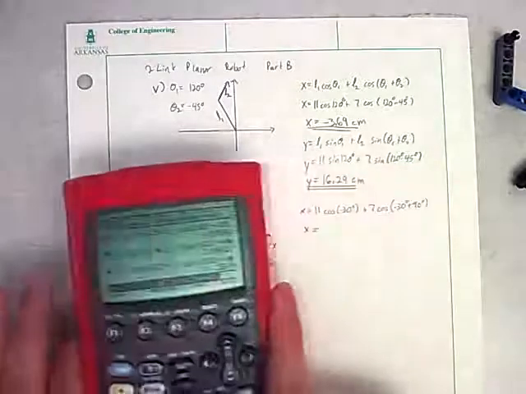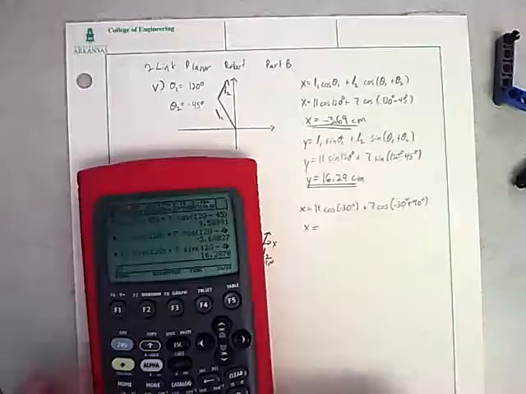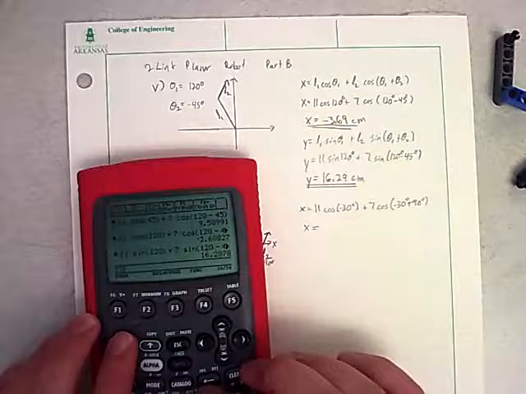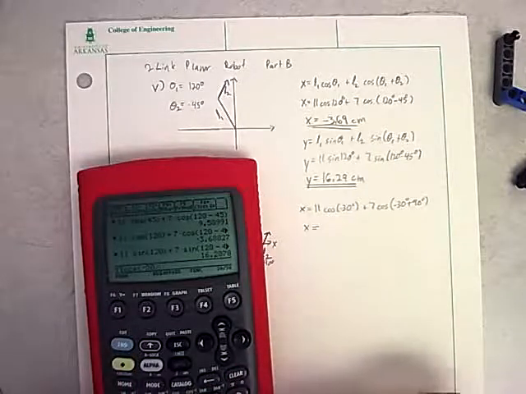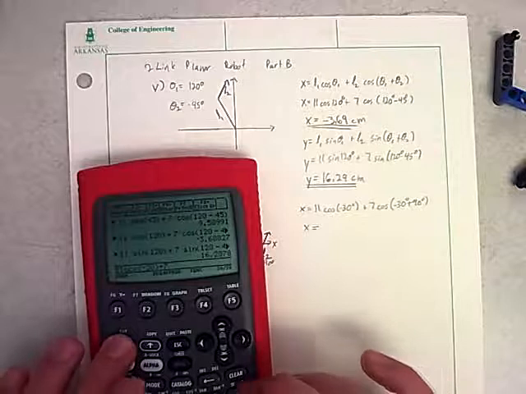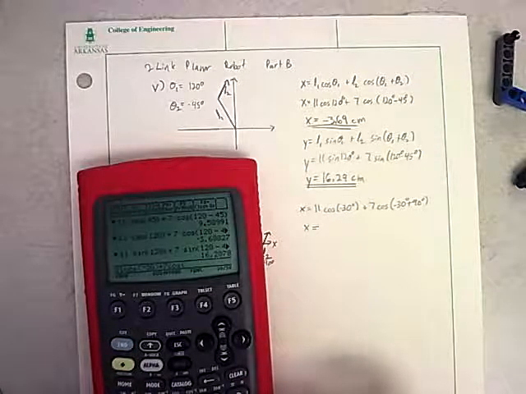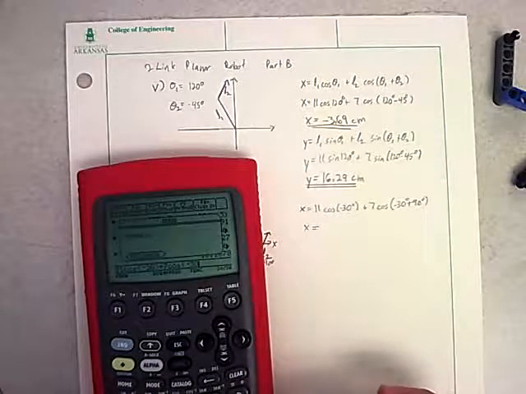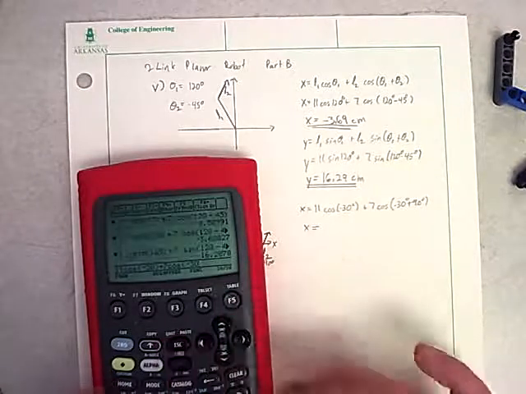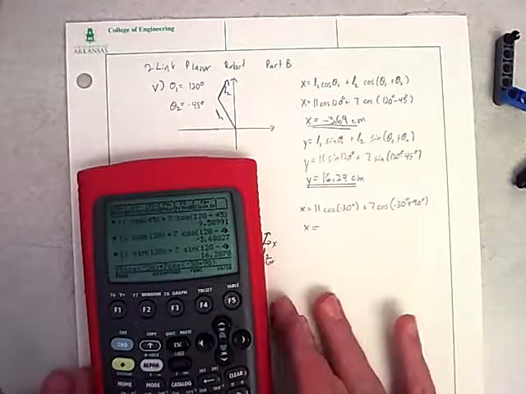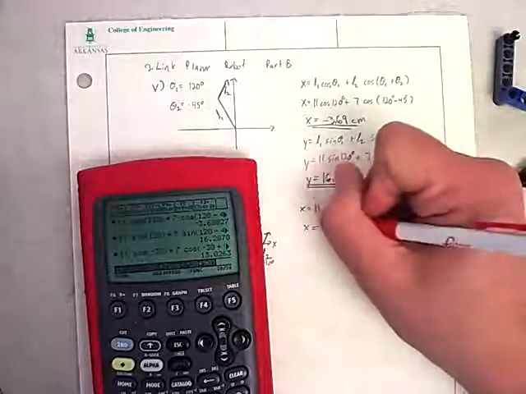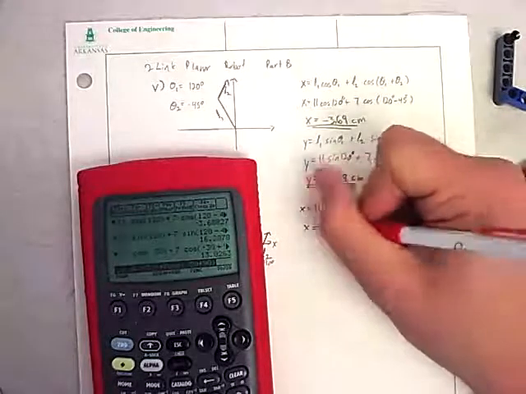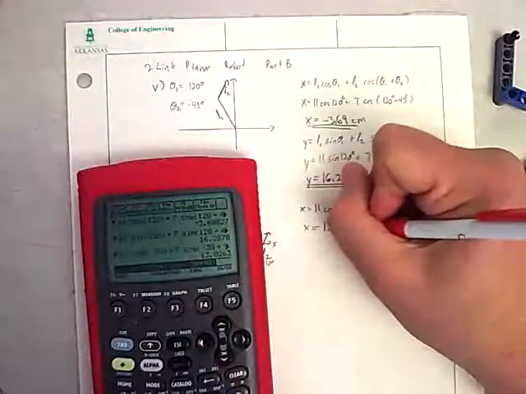But 11 cosine negative 30 plus 7 cosine negative 30 plus 90. And again, I didn't mention it earlier, but hopefully if you've gotten this far into the problem, you are in degrees as you're putting these into your calculator.